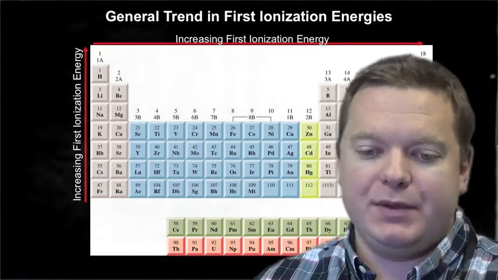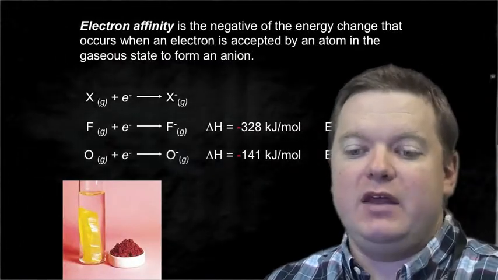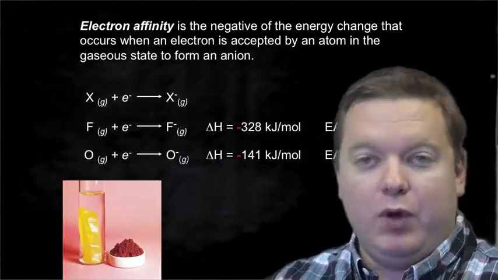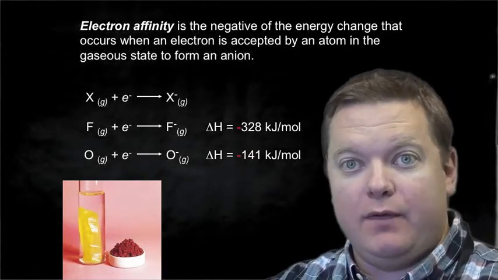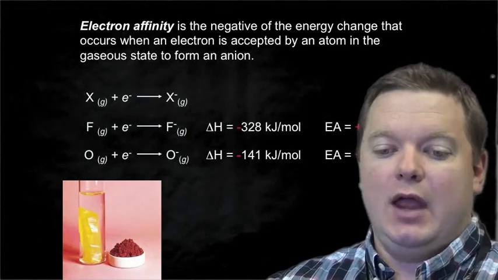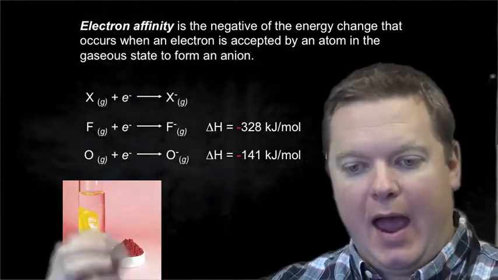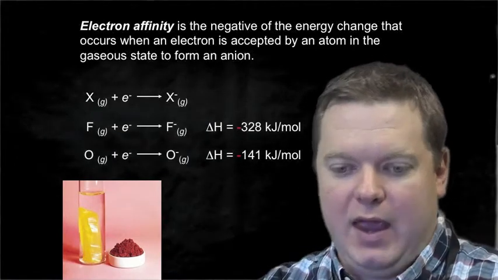If we look at the opposite, electron affinity, this is the negative of the energy change when we put another electron into that atom in the gas state. So we can take some general atom X, add an electron to it to form the anion.